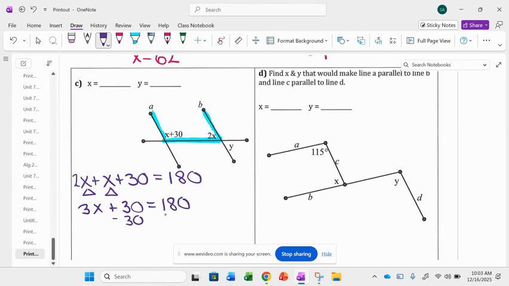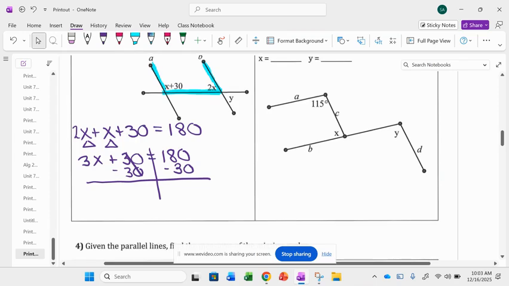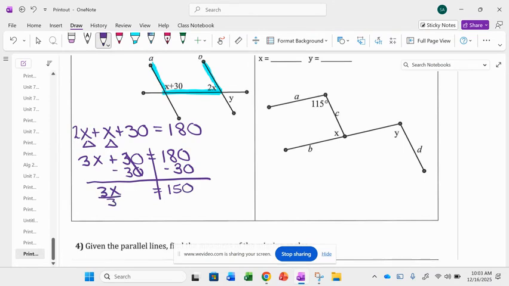Subtract that 30 and we get 3X is equal to 150. Divide by 3, and X is equal to 50.